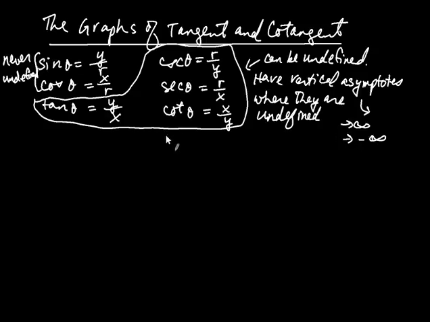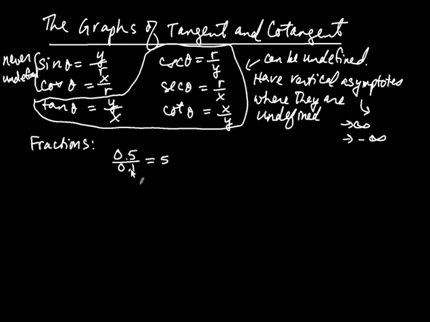Now, to explore vertical asymptotes, we are going to think first about fractions. That makes sense because if you look at all the definitions of the trig functions, they are simply fractions. So let's make an observation about fractions. If you consider 0.5 divided by 0.1, you get just 5.